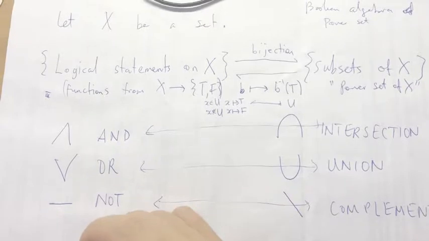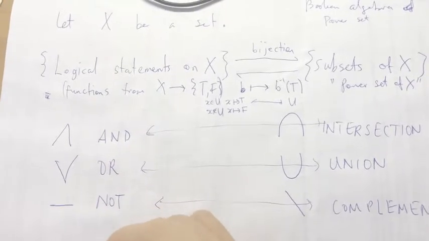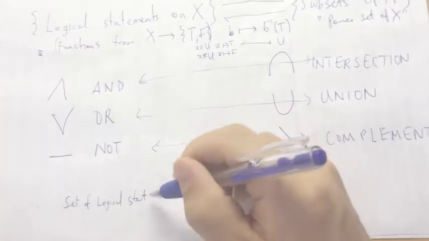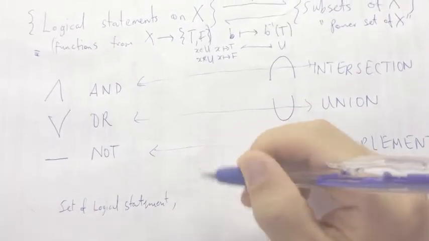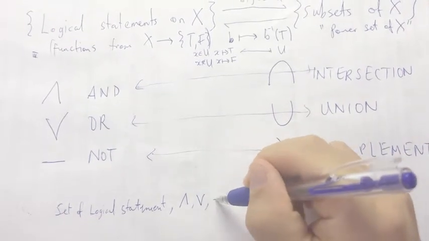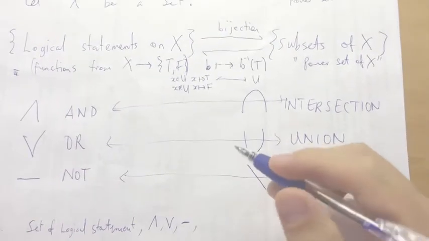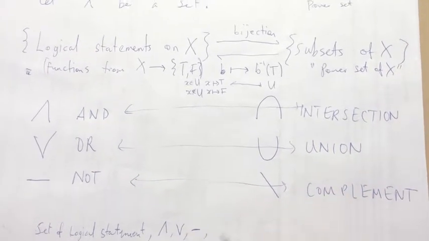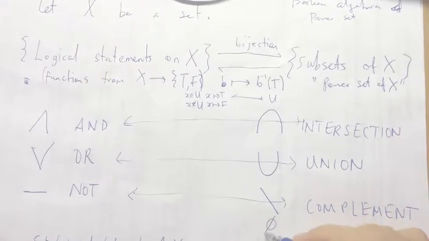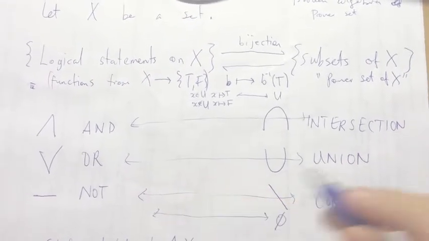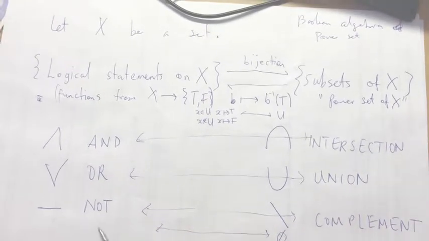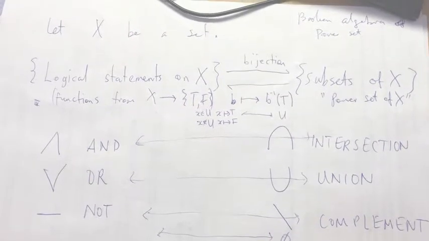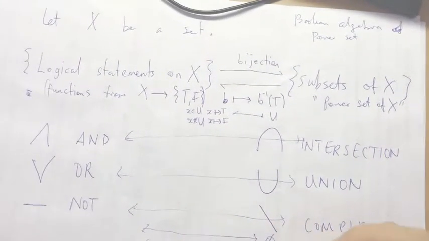So the set of logical statements together with and, or, not, and yes, we should also add that the empty set here corresponds to the false statement, and the whole set corresponds to the true statement.